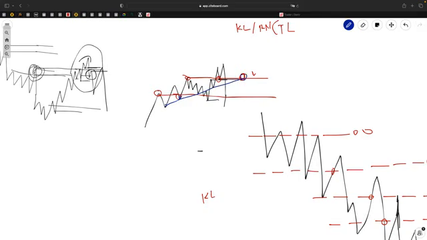Look at this. This line, respected, respected, respected, respected, respected. Now, when price gets here, connecting your normal order flow with it, your key level, and your trend line, you have like 4 confluences already.